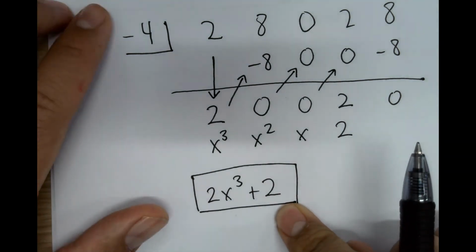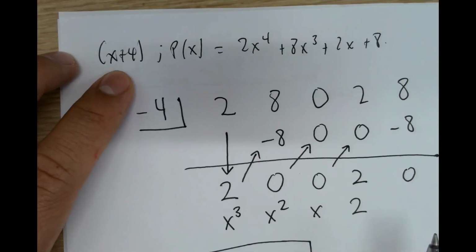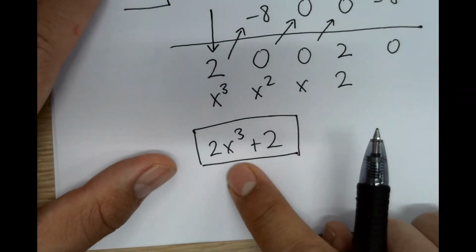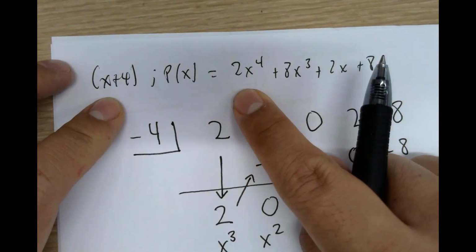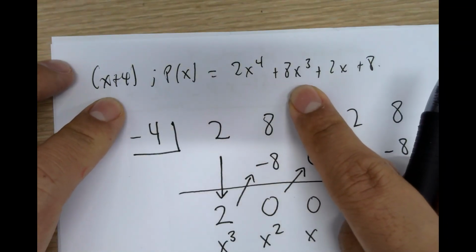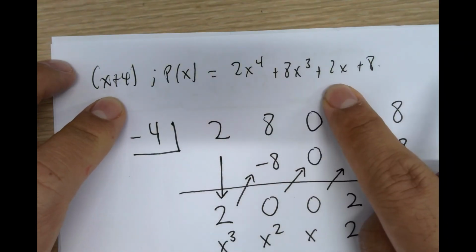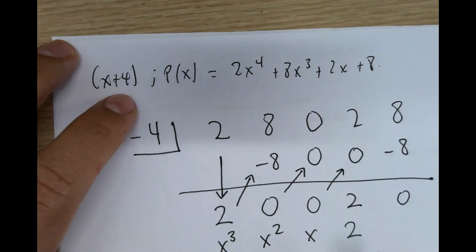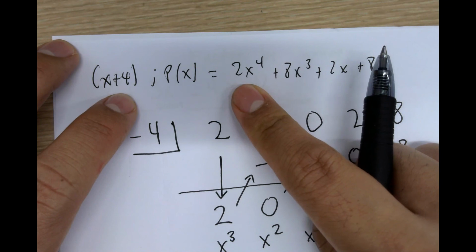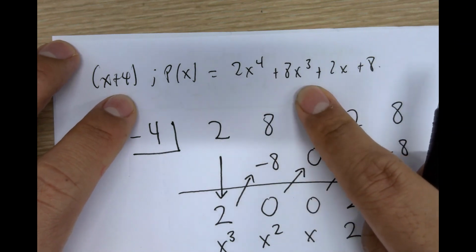So when you multiply x plus 4 times 2x to the third plus 2, your answer is going to be 2x to the fourth plus 8 times x to the third plus 2 of x plus 8. So the product of those two things equals 2x to the fourth plus 8x third plus 2x plus 8.